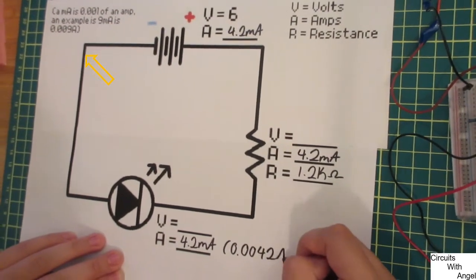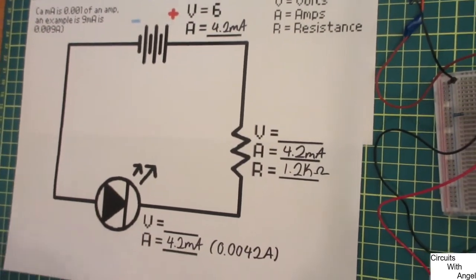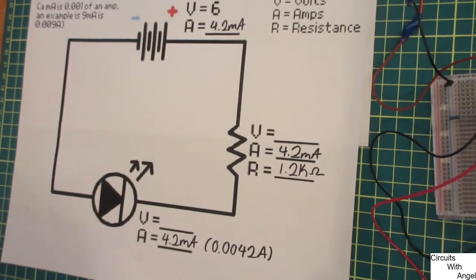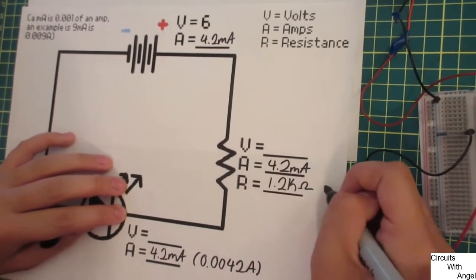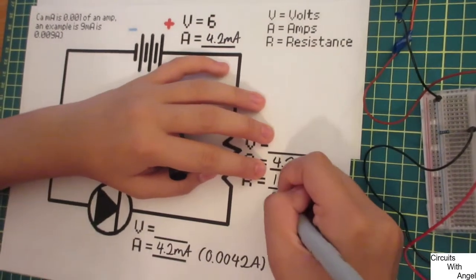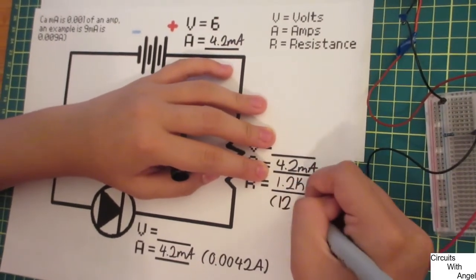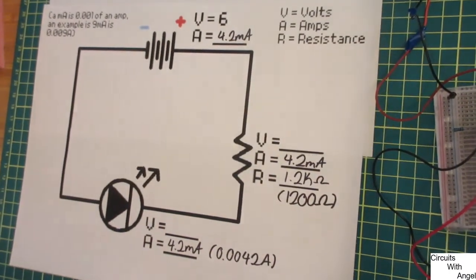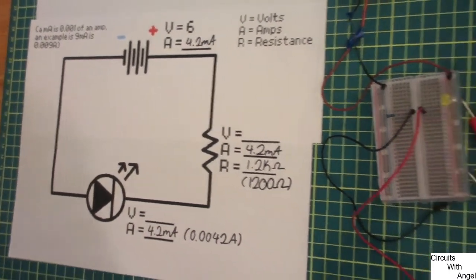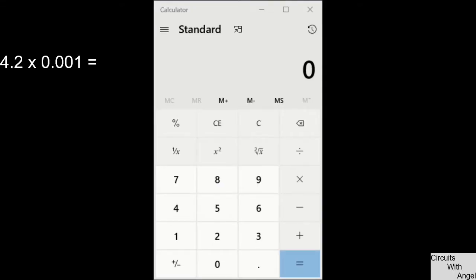Right now, I'm writing down 4.2 milliamps as an amp, which is 0.0042 amps. Oh, and we have to write 1.2 k ohms as 1,200 ohms because a k equals 1,000, and that's 1,200.